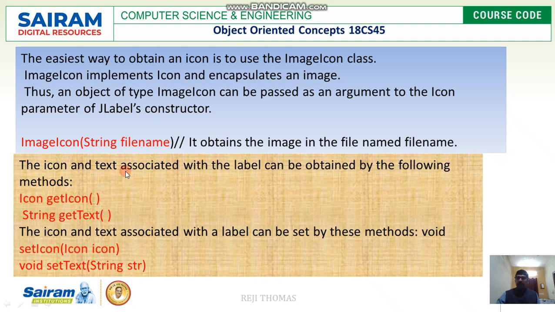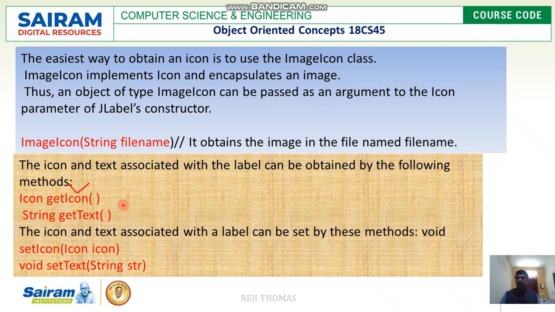There are different ways by which we can obtain the icon or text associated with a label. One is we can take getIcon. getIcon is going to give you the icon associated with a label, and getText is going to give you the text associated with a label.